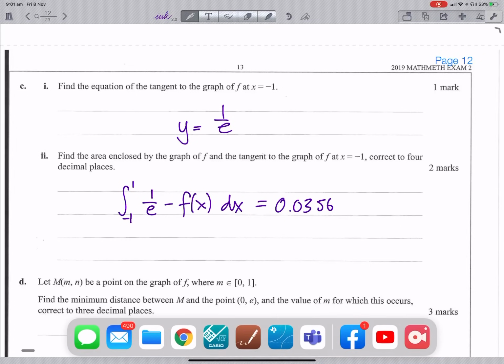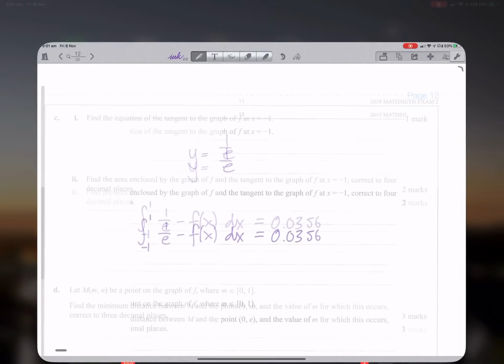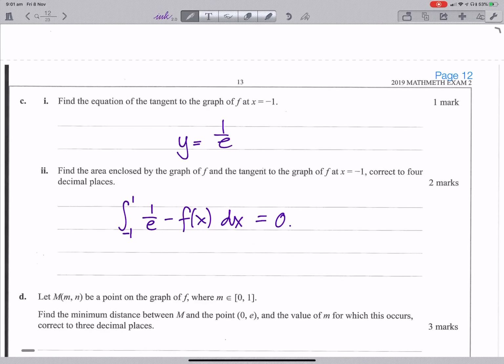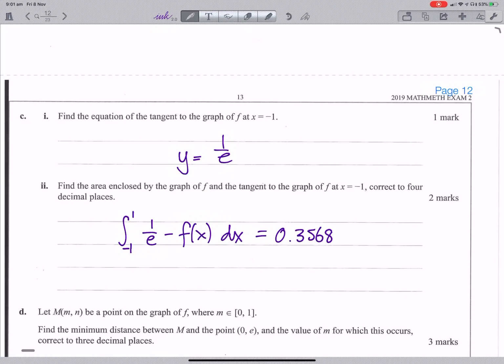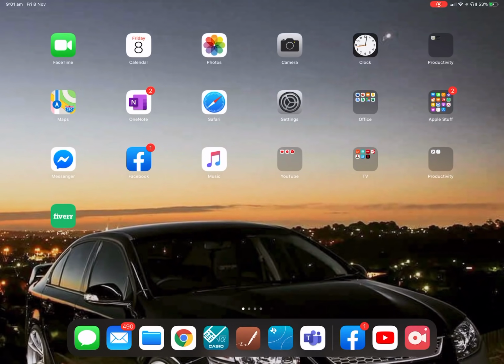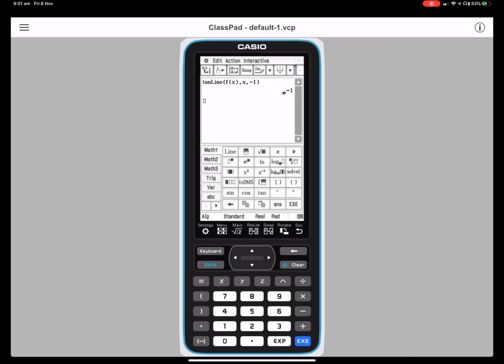Hang on. 0.3568. That doesn't sound right. 3568. Did I check the next number? Yep. Okay, so that looks correct to me. Sometimes there's rounding errors in the graphing program, so let's just check it.